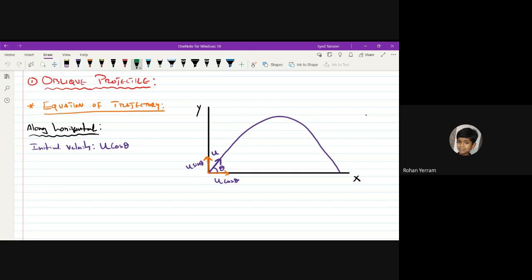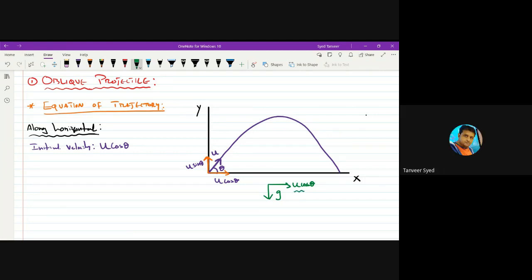So gravity. What is the direction in which gravity acts? Downwards, sir. What is the direction of this u cos theta? Horizontal, sir. Can this acceleration which is acting downward change velocity which is acting horizontal? No, sir. The u cos theta will be constant only, sir.